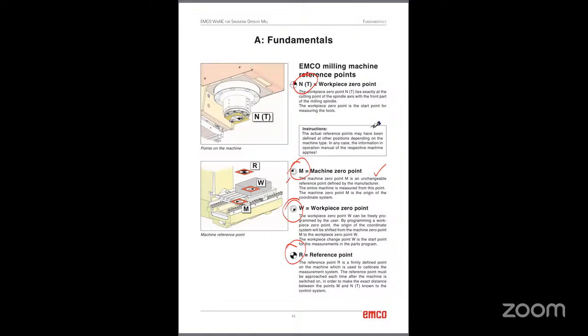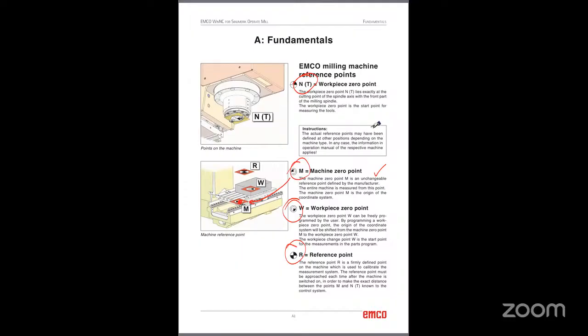So here we can see this point. This point means the bottom left side of the table. That is what is called the machine 0 point. This 0 point is an unchangeable reference point. We cannot change this. So this is the basis of the CNC machine.